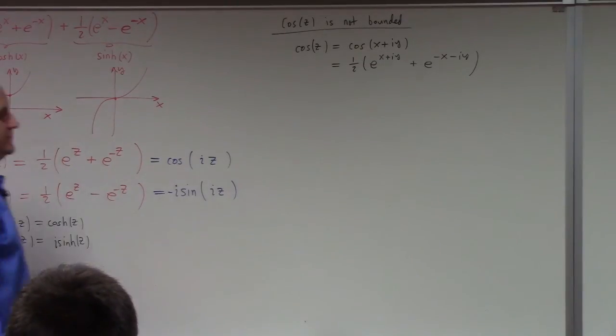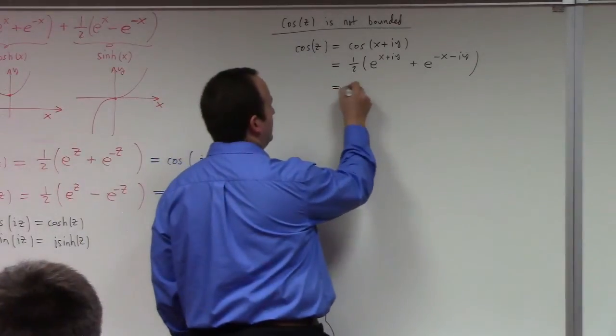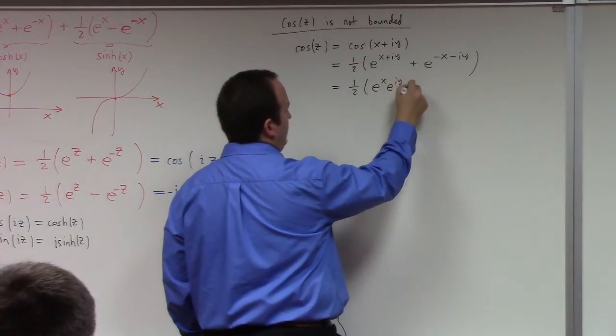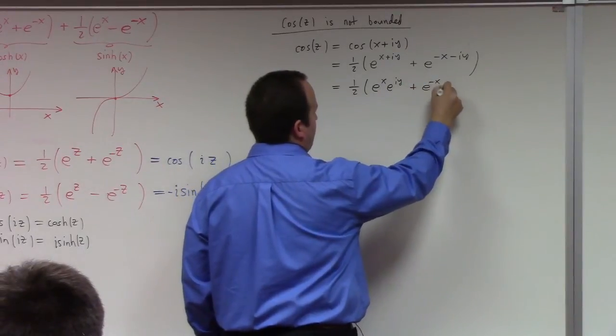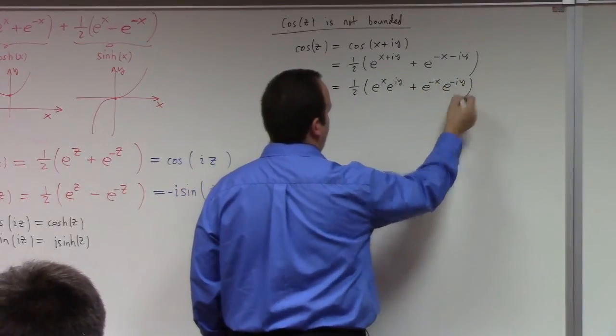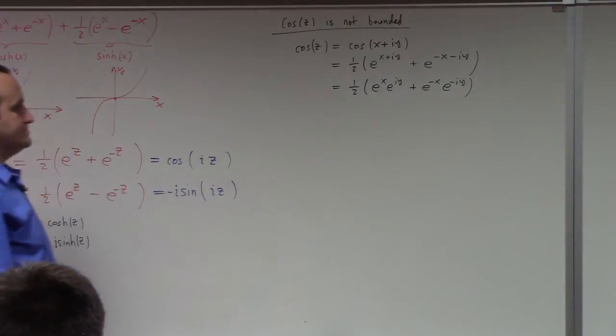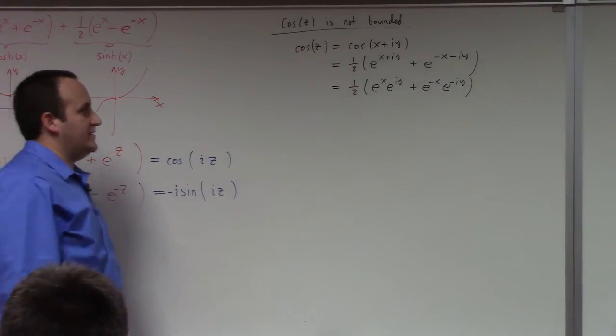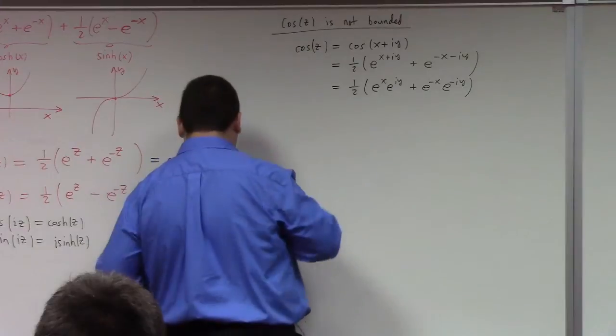So of course, you can rewrite that: 1/2 e to the x, e to the iy, plus e to the minus x, e to the minus iy.